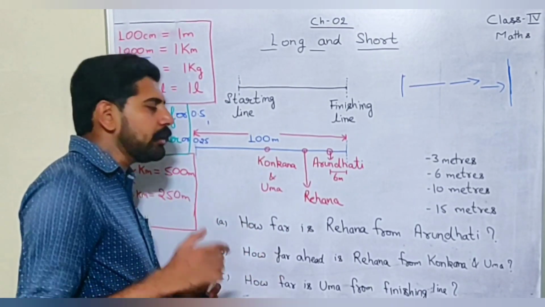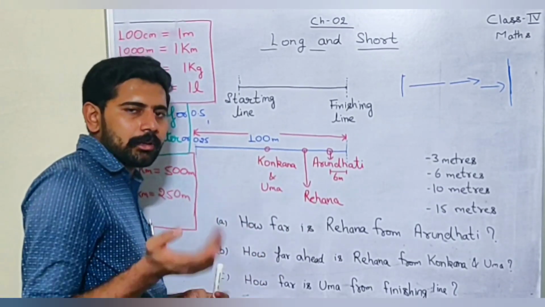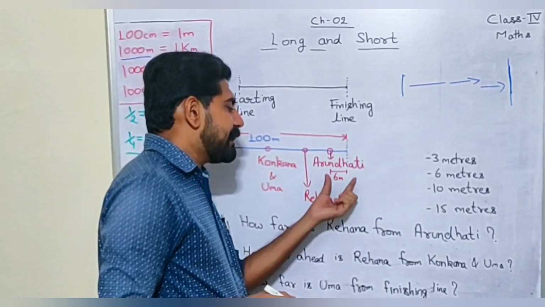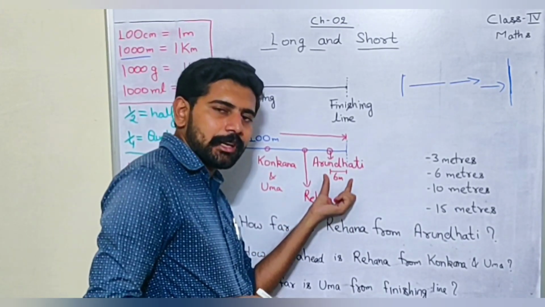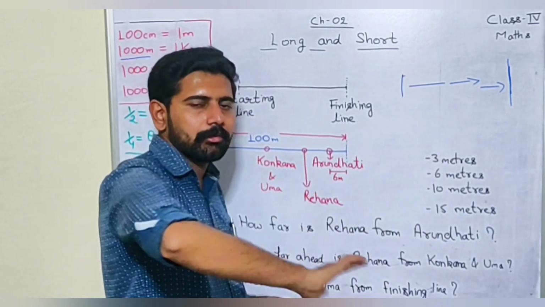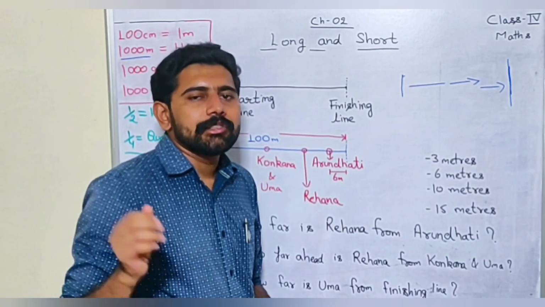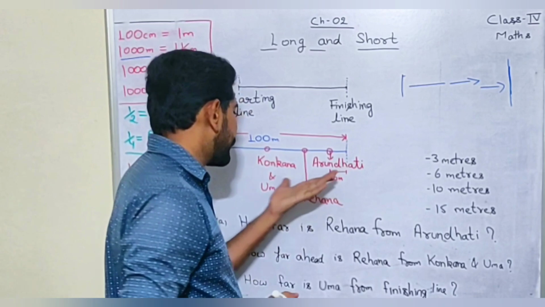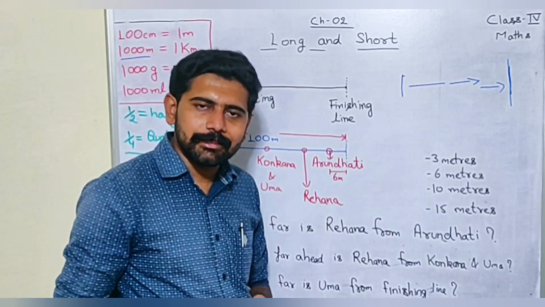Now the concept says that Arundhati was 6 meters behind the finishing line. When the race was in process, someone took a photograph of these running girls.